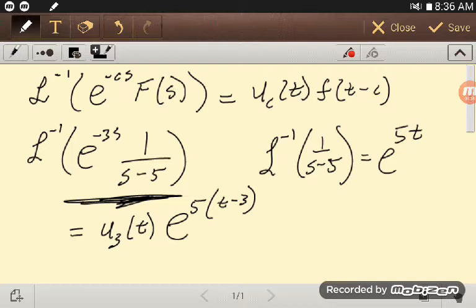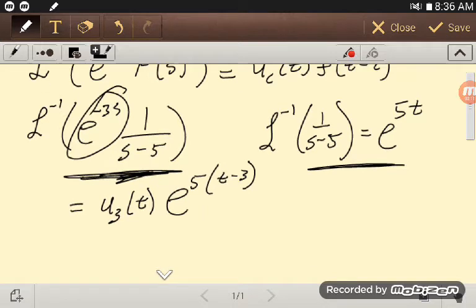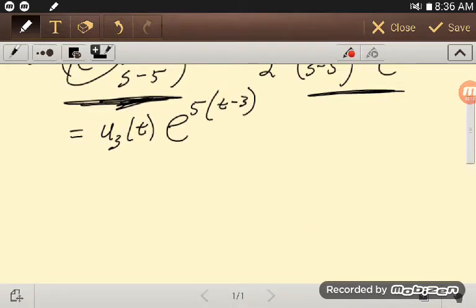So we forget about that part for a moment, do the Laplace inverse of this other part, and then in the t, we substitute in the t minus 3.